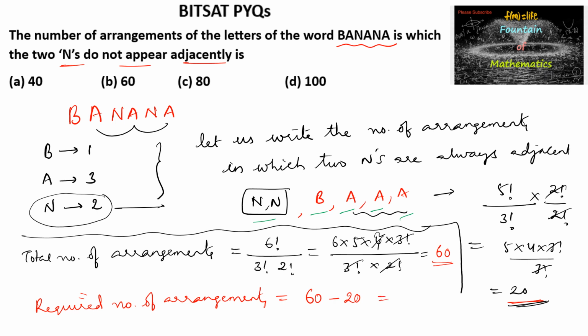So total 40 arrangements are there in which no two N's are together. So option A is the answer.